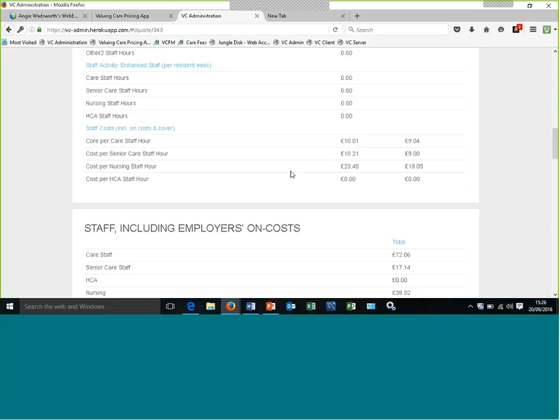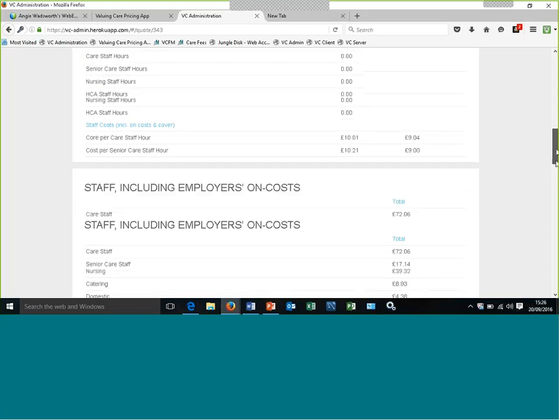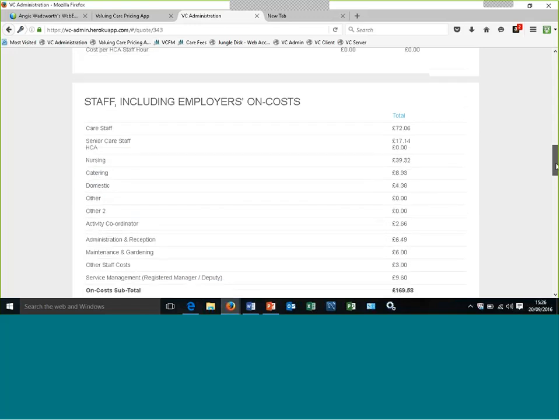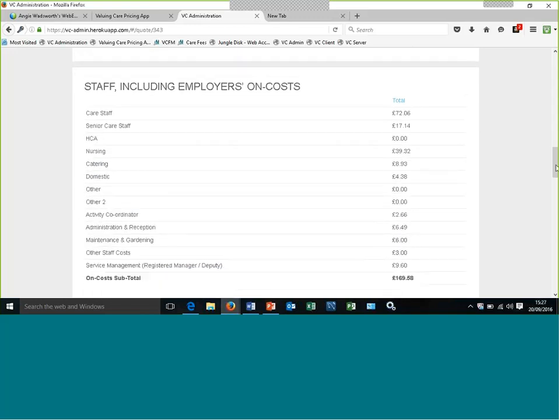Now again, we'll work with the commissioning organisation to define that, but from a value and care perspective, we have a database that's updated weekly that gives us the advertised rates that providers are advertising for staff, so we know what the current rates are. Okay, so then we start to look at the costs relating to this package.